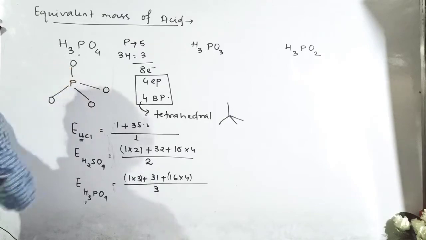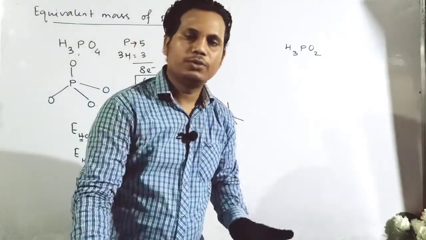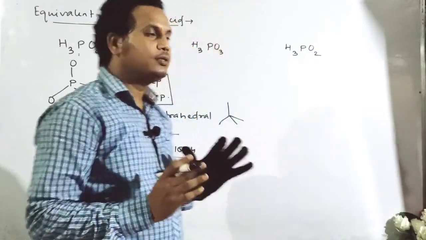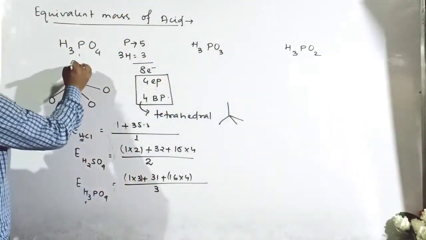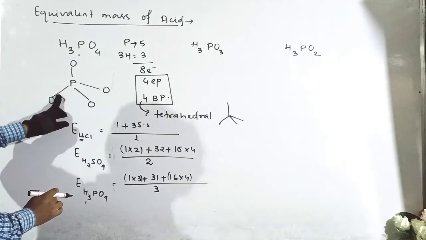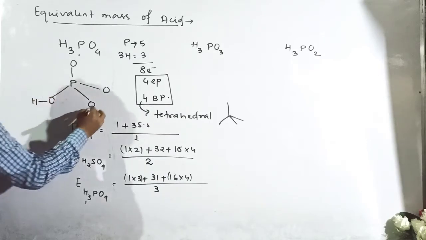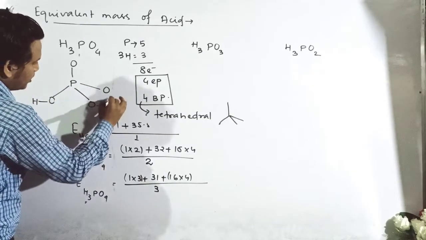How many hydrogen? 3. Oxygen always makes a double bond, so first complete the octet for oxygen. So 1 double bond here. Give 1 hydrogen to this oxygen. Done, 2 bonds, 1 hydrogen.